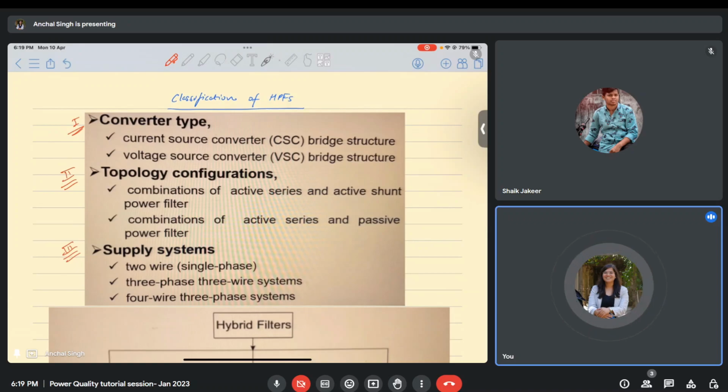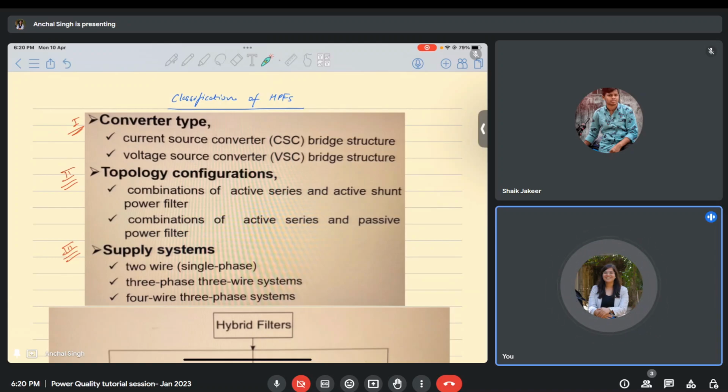So when you talk about the converter type, we have discussed there are two types of converter: one is current source converter, another is voltage source converter. Whether we are using a voltage source converter or a current source converter in our UPFC or in our hybrid power filter defines one of the bases of classification.